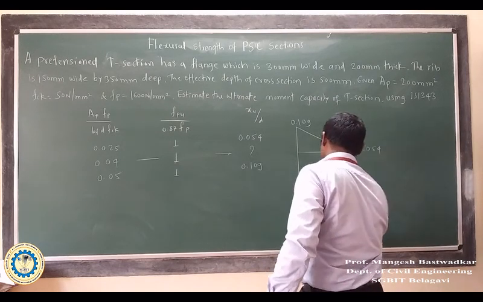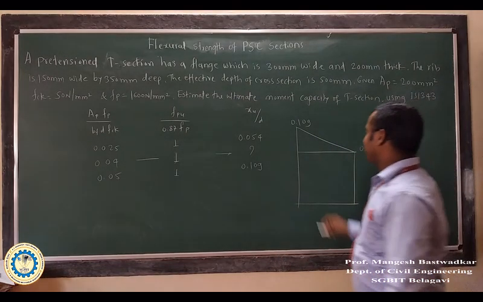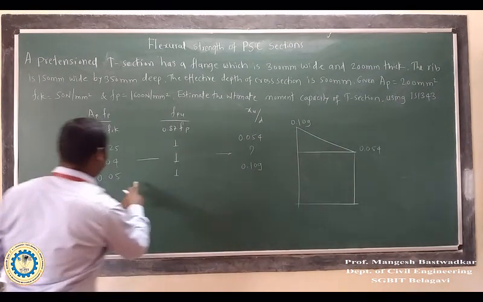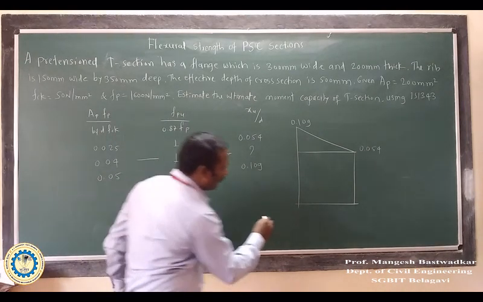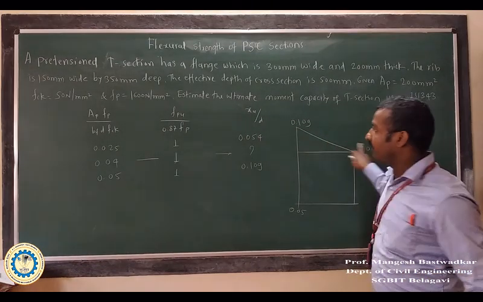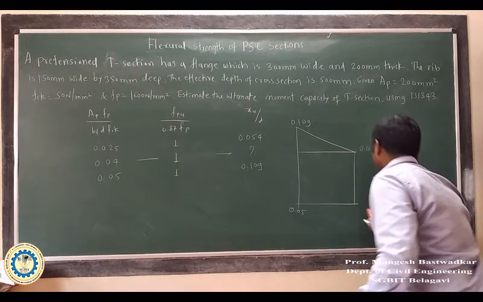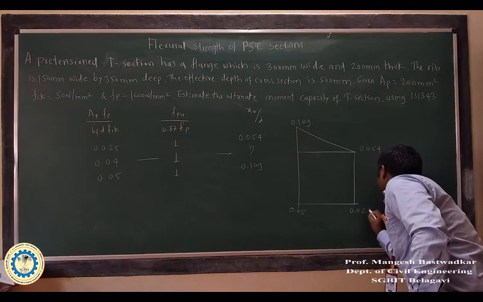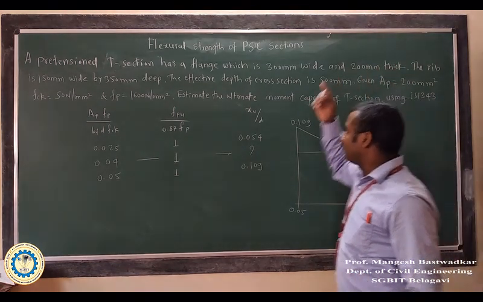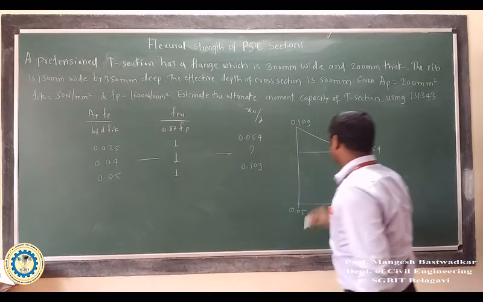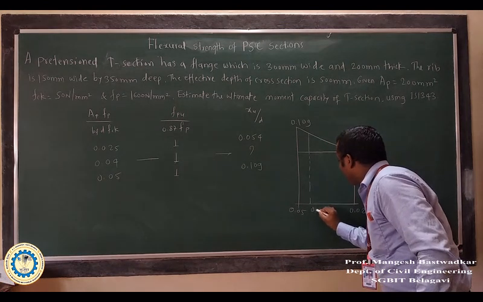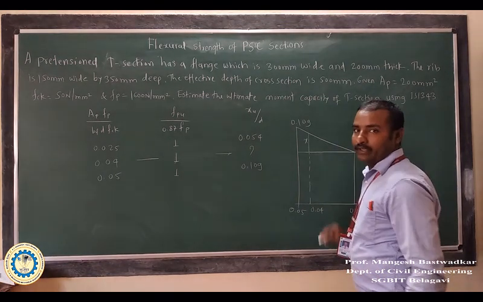The value 0.109 corresponds to effective reinforcement ratio 0.05, and 0.054 corresponds to effective reinforcement ratio 0.025. Then we have to calculate the XU by D value for 0.04. This x we need to calculate.